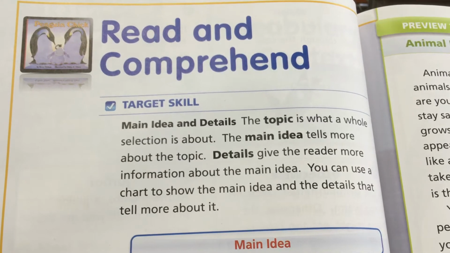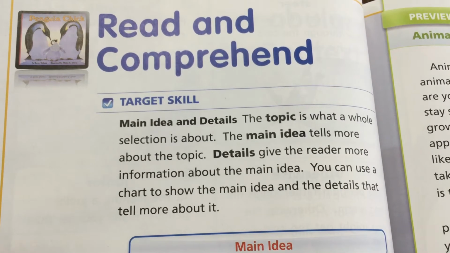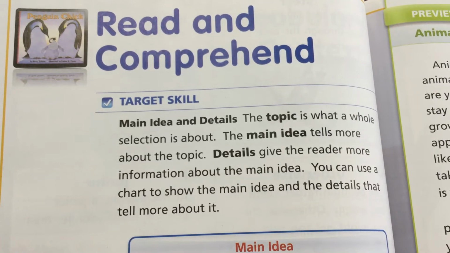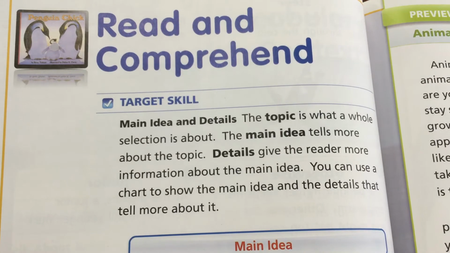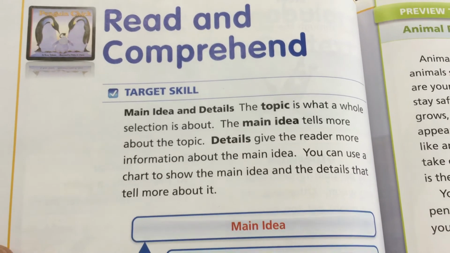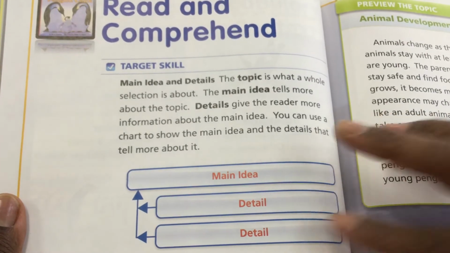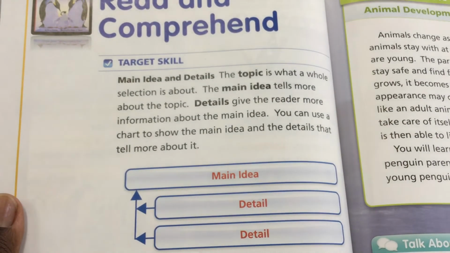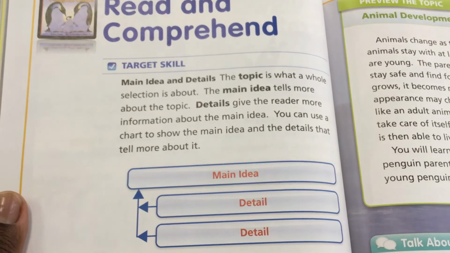The main idea tells more about the topic. Details give the reader more information about the main idea. You can use a chart, just like this, to show the main idea and the details that tell more about it.